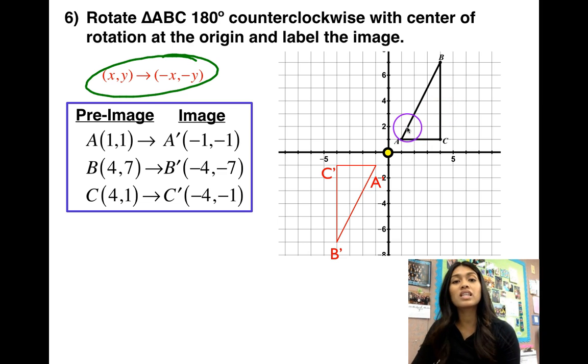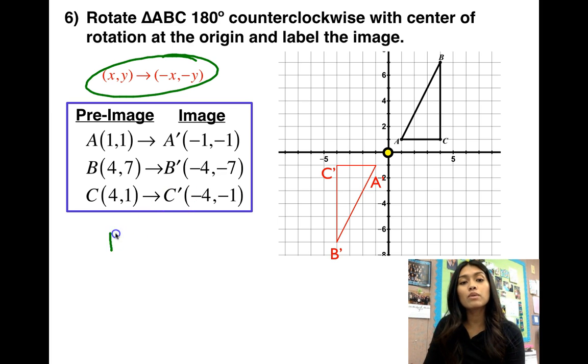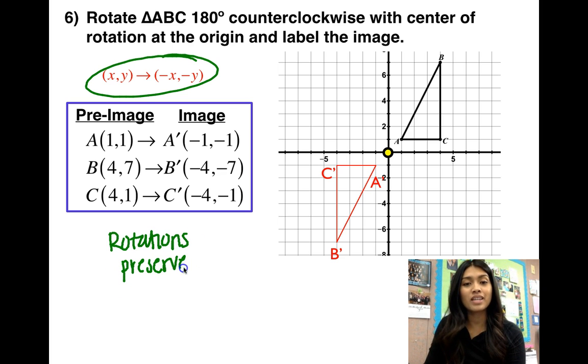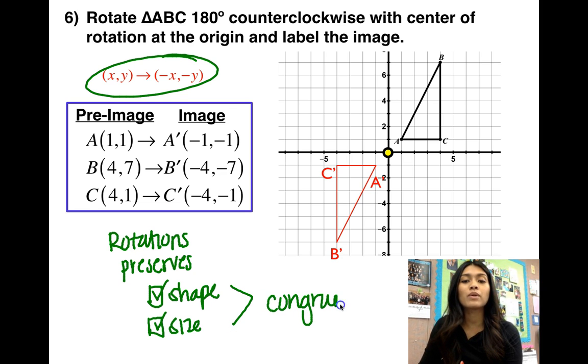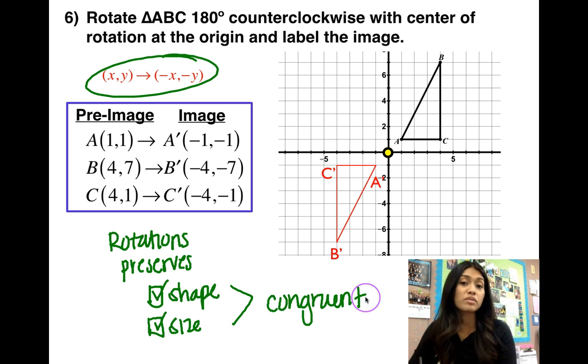If you don't see that, then that's a good indication that you might have done something wrong, because we know that rotations preserve a couple characteristics: shape as well as size. We do understand it doesn't preserve orientation, but we do expect these because this is what's going to allow us to see the congruent shapes.